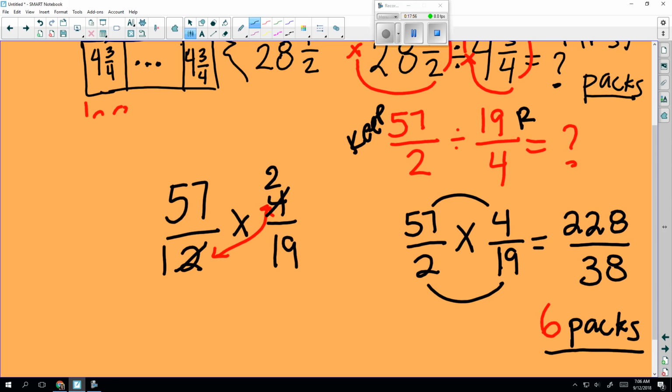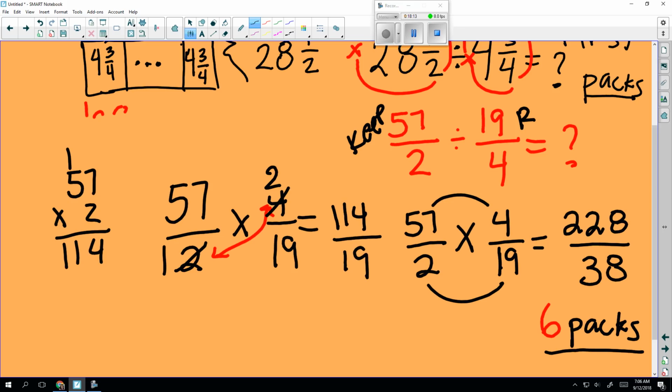This makes the numbers smaller, right? So now I have 57 times 2, which is 114. And I have 19 times 1, which is 19, okay? And so I can then do an easier division problem. 114 divided by 19 is going to be 6.